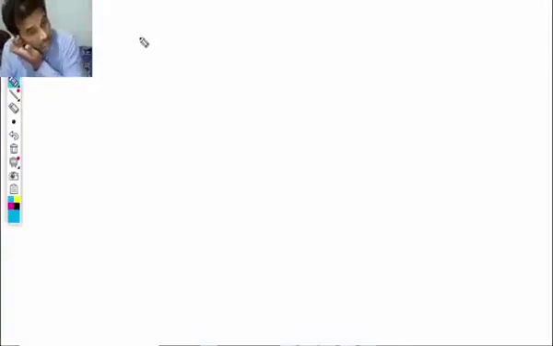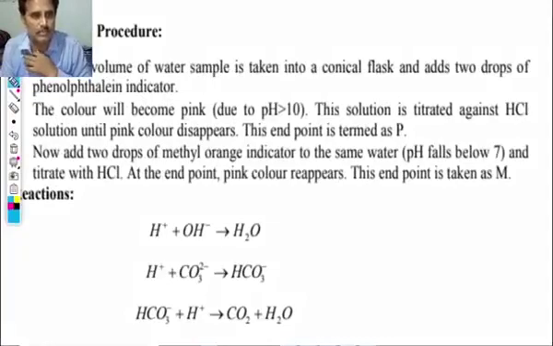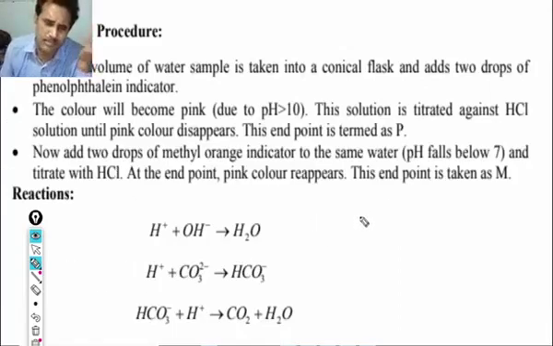Now let us see the experiment procedure. Generally 2 steps will be there in any volumetric analysis. The first one is the standardization step, and the other is the estimation step.